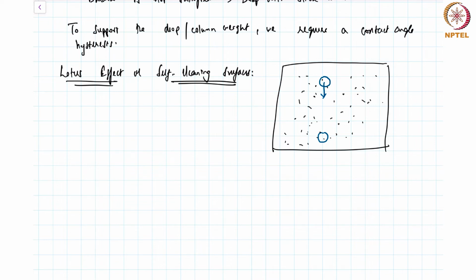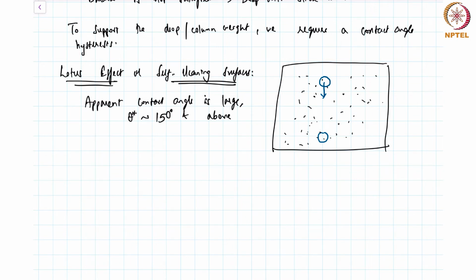Now the reason it moves down is because there are two things that are happening. Contact angle is very large, the static, or you'd say apparent, contact angle is large, that is theta star is typically 150 degrees and above.